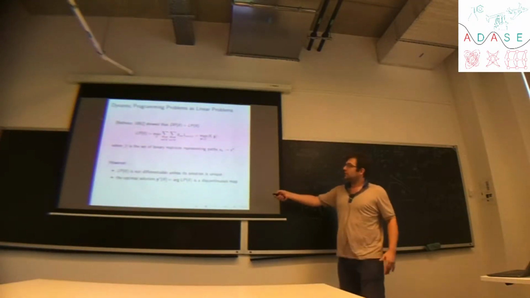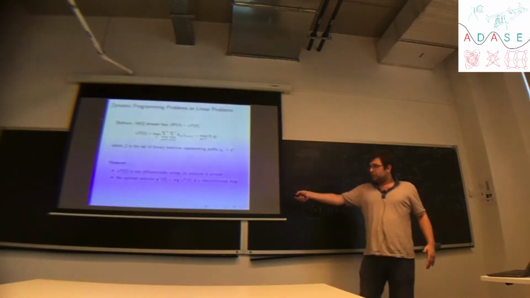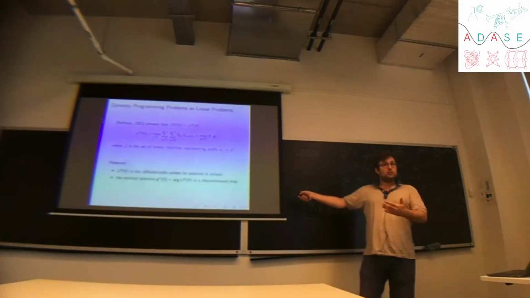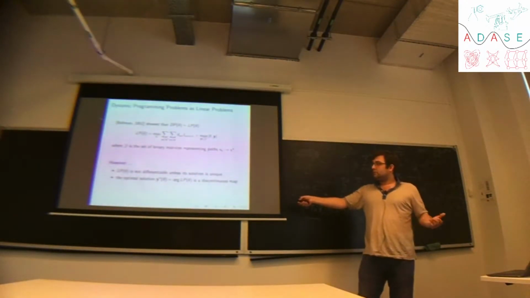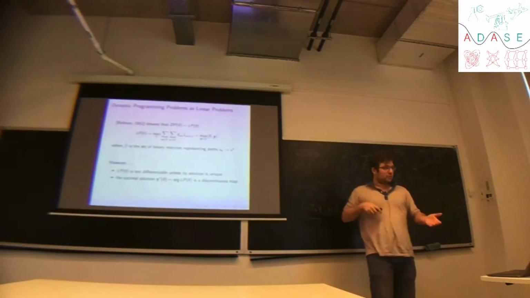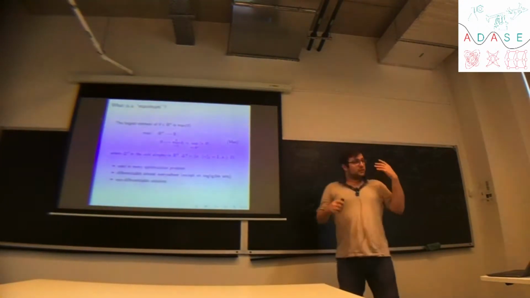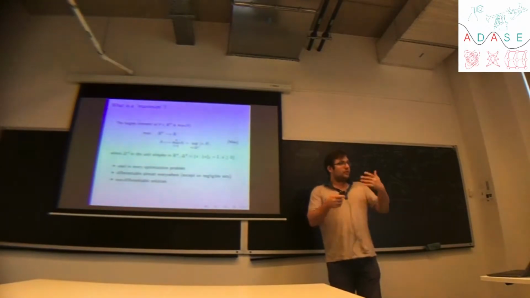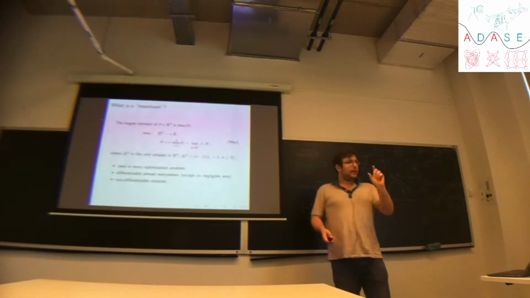So basically, the problem is that if we want to use this in deep learning, this is not differentiable unless the solution is unique, and usually the solution is not unique. And the optimal solution is discontinuous. So now let's ask a question. We observe that in the linear problem we have these magic three letters, max.